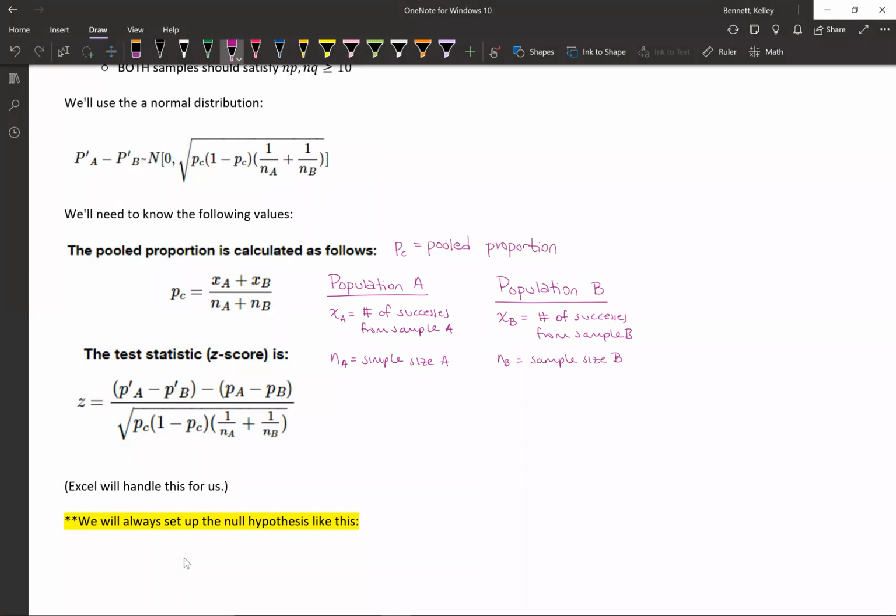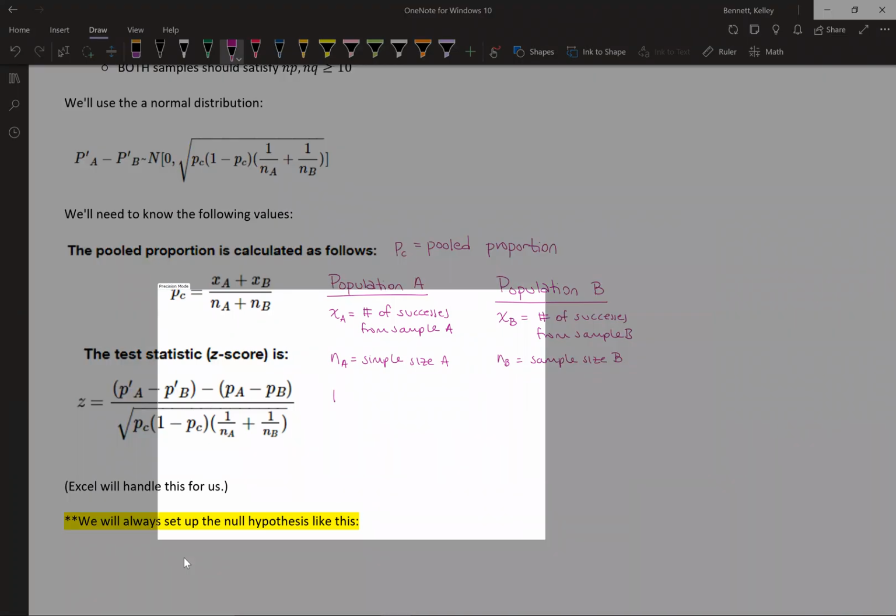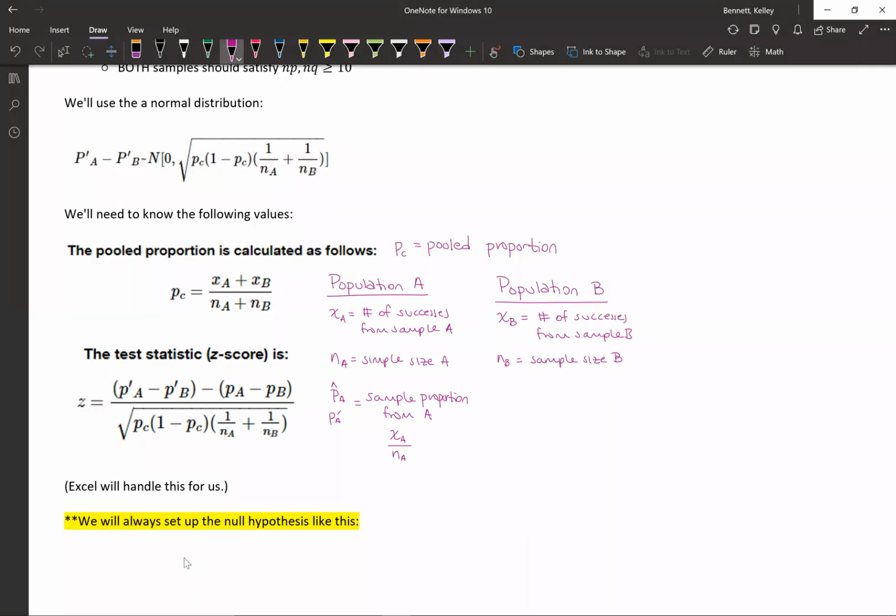And what we're really looking at is the sample proportion. So we're going to have P hat A, or you could think of it as P prime A. It's just the sample proportion from A. So it's just the number of successes over the total number of your sample size, right? So, you know, if we had 100 people in sample A and 25 of them had success or said yes, or however you want to describe that, then your sample proportion is 25 out of 100 or 25%.